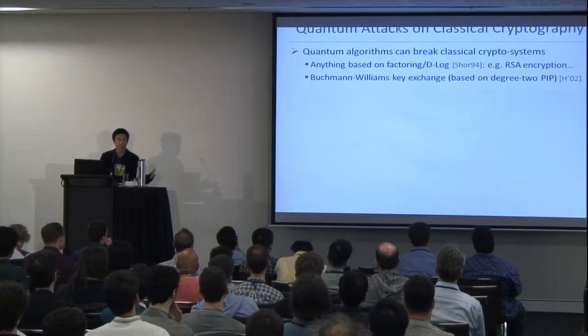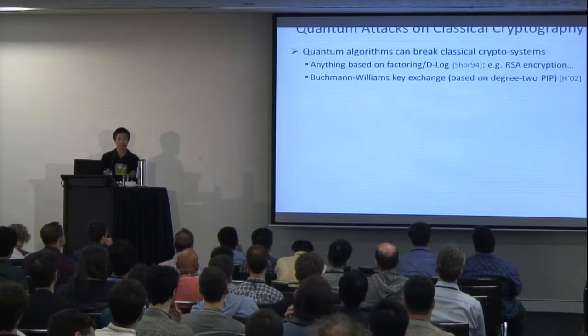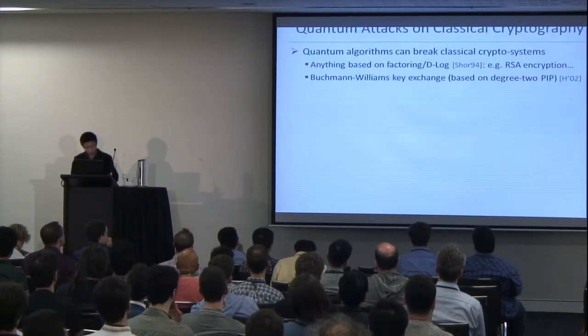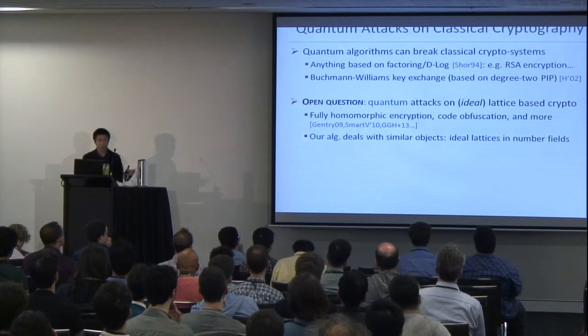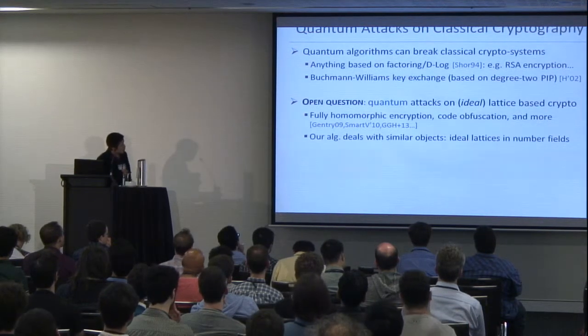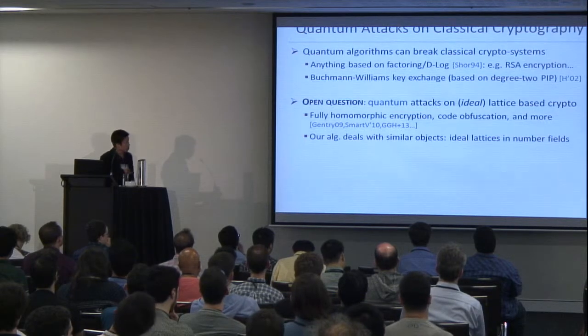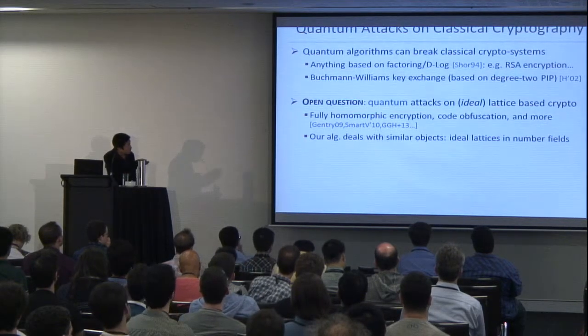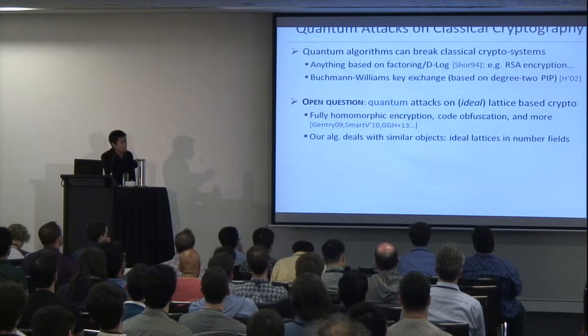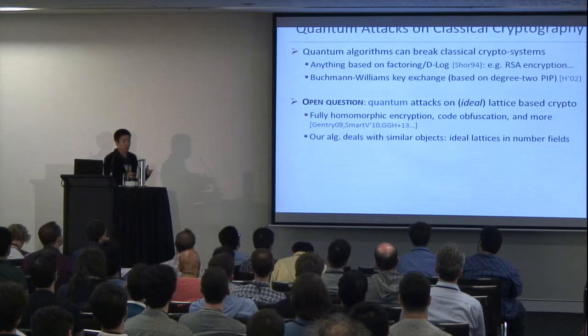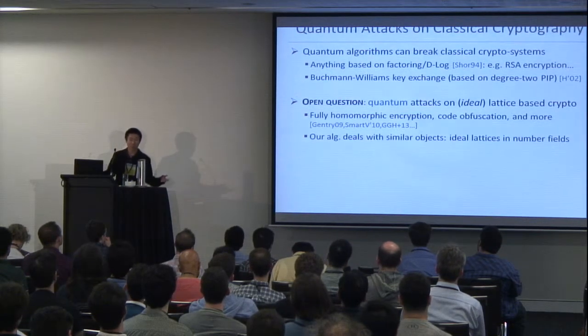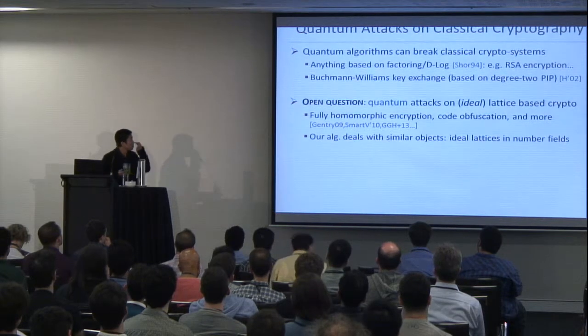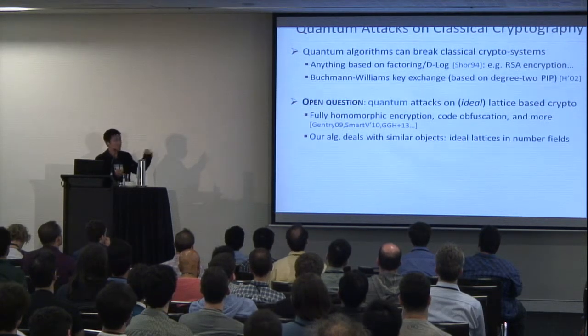So you may wonder, how about this new quantum algorithm? Well, our quantum algorithm seems relevant to attacking a branch of cryptography based on ideal lattices. But unfortunately, or maybe fortunately, currently no crypto system is broken entirely. So this is still an open question.